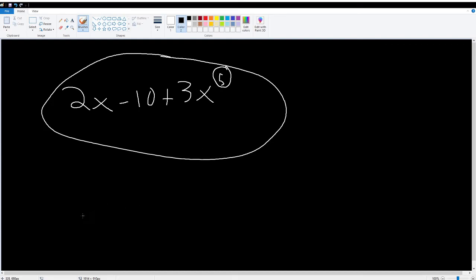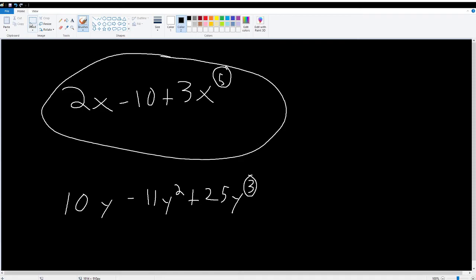Let's do another example. If we had 10y minus 11y squared plus 25y cubed, the degree of this polynomial would be 3, because 3 is the highest exponent that we see.